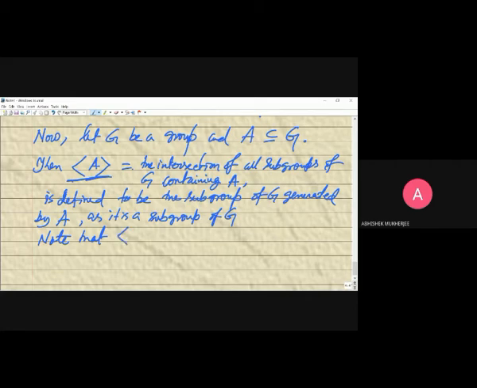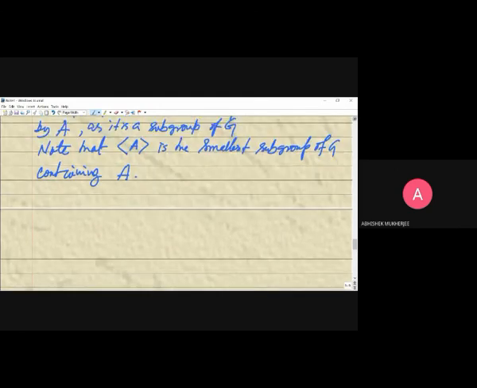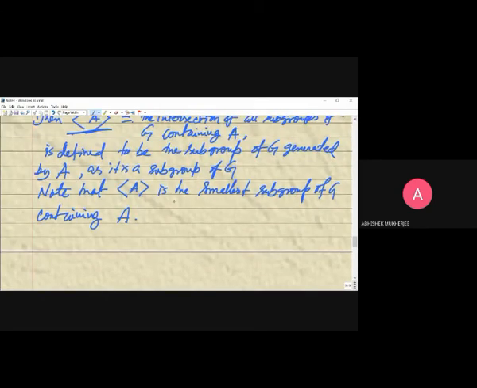So note that this is the smallest subgroup of G containing capital A. You need to remember with respect to which subset it is smallest. This subgroup is the smallest subgroup of G containing that A, which you should remember every time.